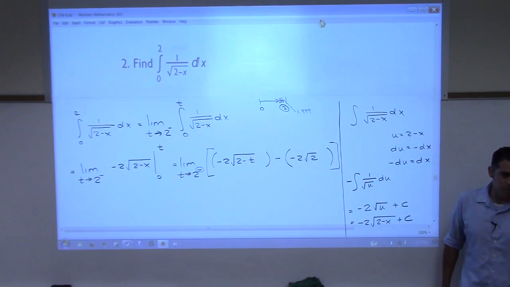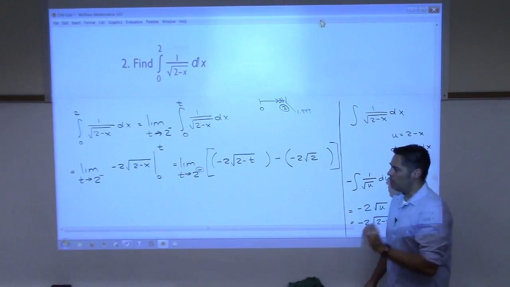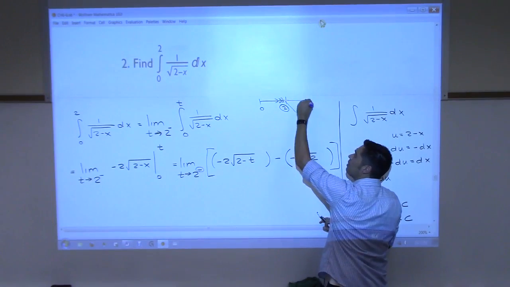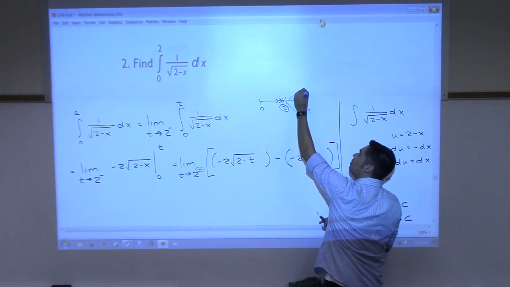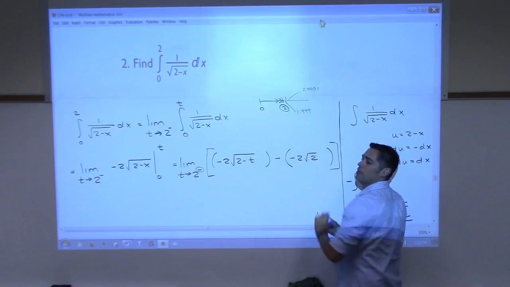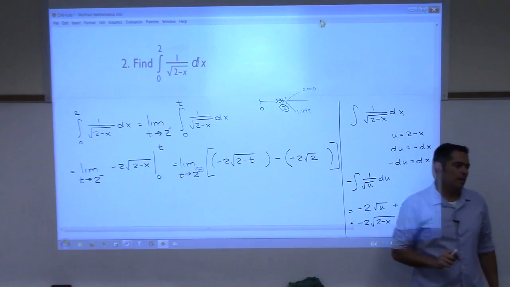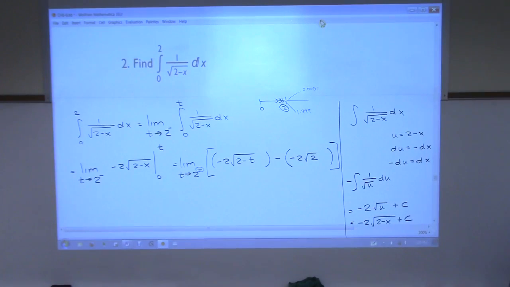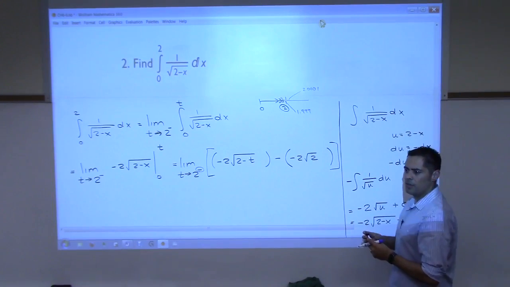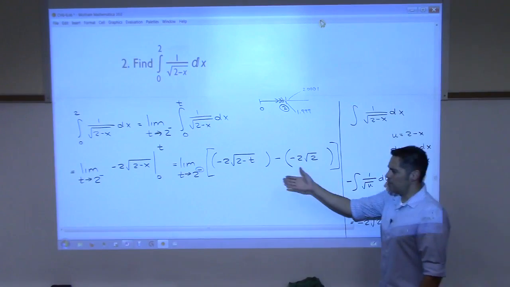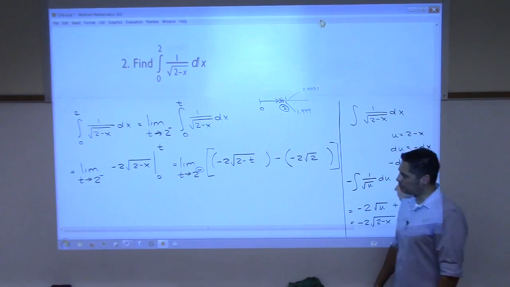And you can take the square root of a positive number. However, had this been coming in from the right side, the number you'd be plugging in would be like 2.0001. And if I do 2 minus that, that's going to be a negative number. And then you have a root of a negative, imaginary. So it's actually critical that we're approaching 2 from the left, or else this limit starts to have some issues. Make sense? All right.